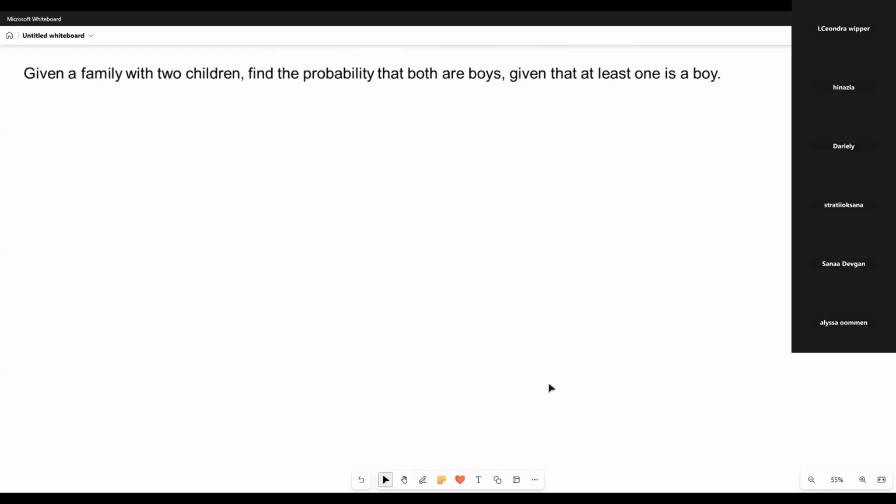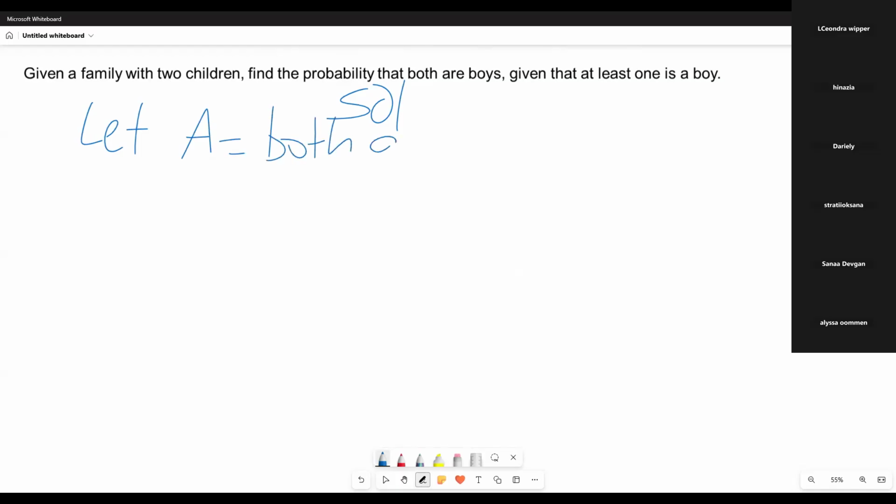So first, let's start the solution here. Let B equal both are boys.